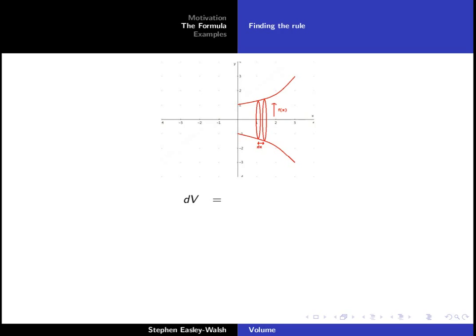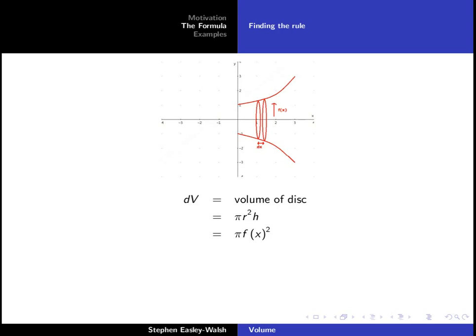The volume dV of this piece, that is the small volume of this piece, is equal to the volume of the disk, which is just approximately a cylinder, which is pi r squared h. The radius is going to be the function, and the height will be dx.